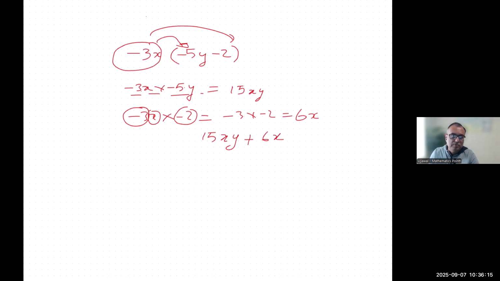Let's put some more complexity here. Negative 3x, go for it. Yes, this is the distributive property.